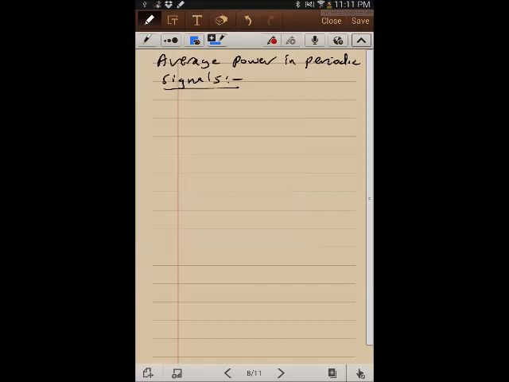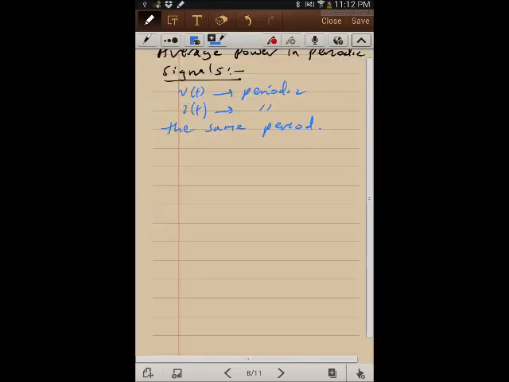So if the current and the voltage signals of a circuit element are both periodic, meaning that v(t) is periodic and i(t) is also periodic, and they also have the same period, then the average power absorbed by the element over one period is defined by this equation: 1 over T integral from t naught up to t naught plus the period T of v(t) i(t) dt.